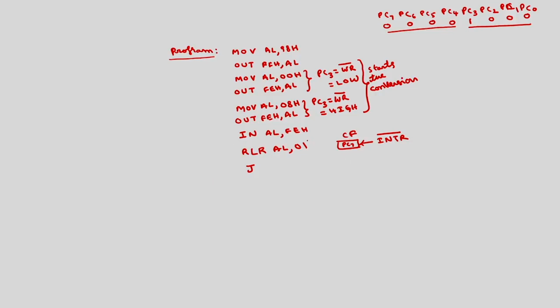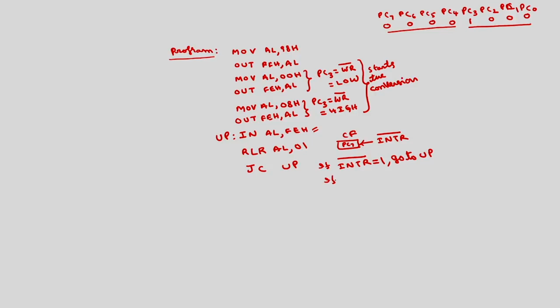You have to input again, jump on carry to up. So you have to continuously monitor PC7, which is INTR bar. If INTR is equal to 1, it will go to up, meaning the conversion is not yet over and you have to wait in a loop.